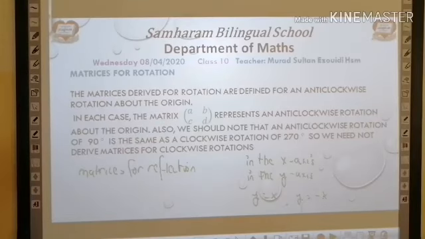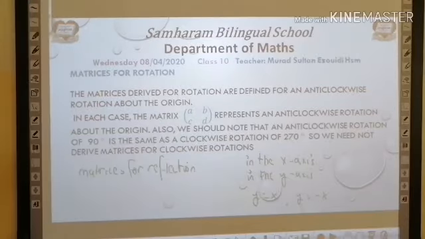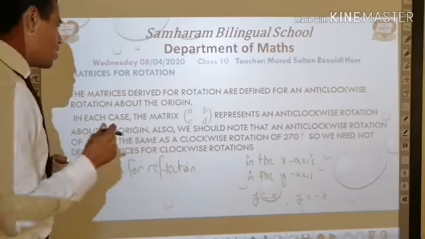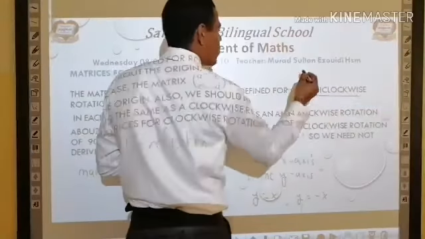The matrices derived for rotation are defined for an anti-clockwise rotation about the origin.